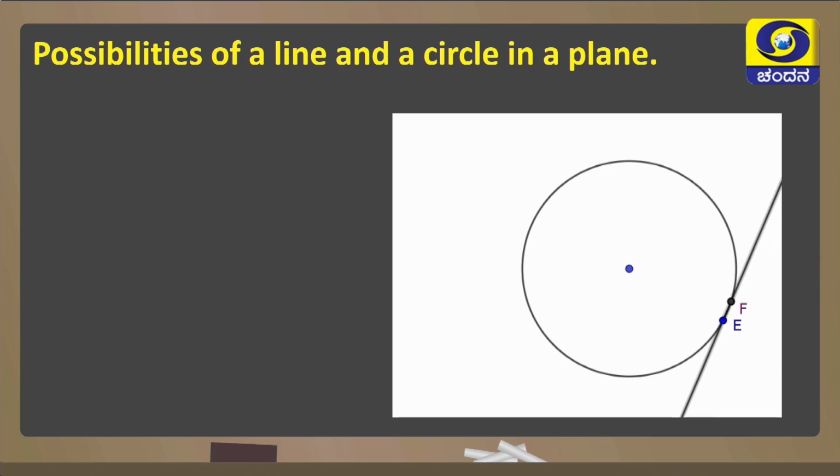Now there is no relationship between the line and the circle. Now you can observe it touches the circle at one point.